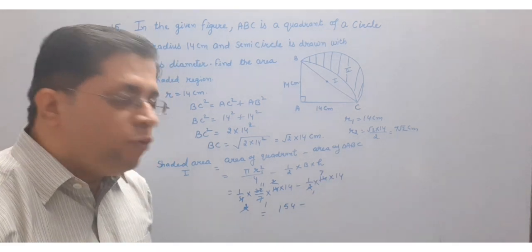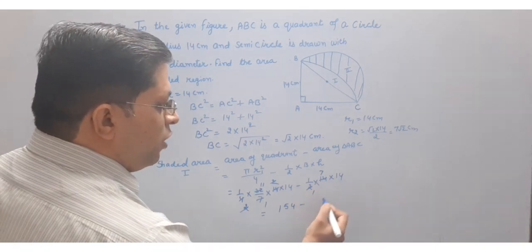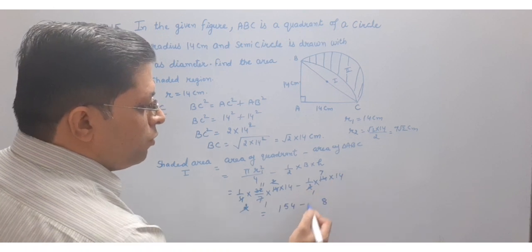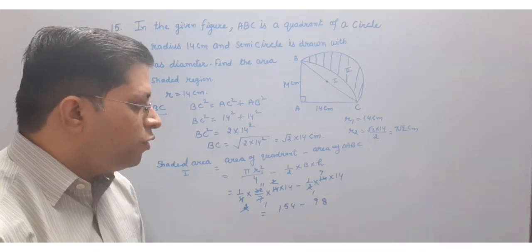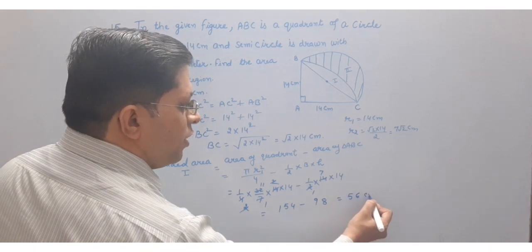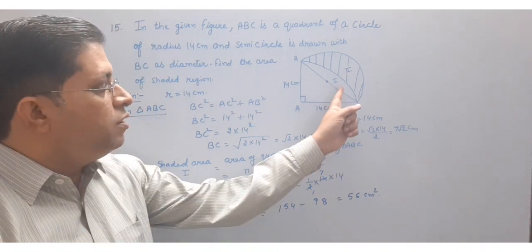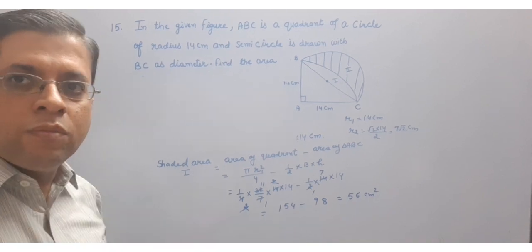Then 14 into 7, what will be? See here. 7 4s are 28, 2. 7 1s are 7 and 2, 9. 98. Then what will be? This is your 56 centimeter square. Area of region number 1. This region is your 56 centimeter square.